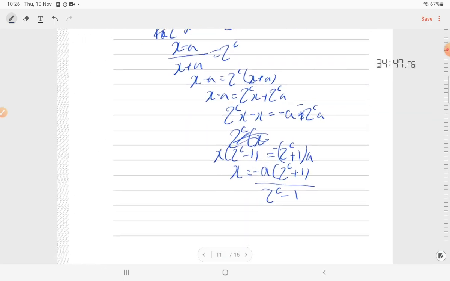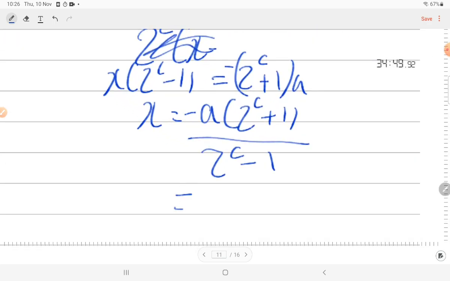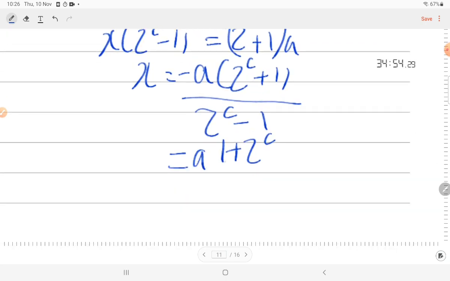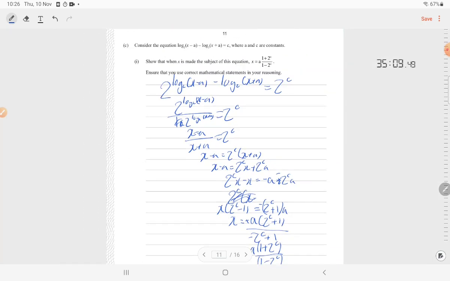Okay. Oh no, I'm fine. Plus 2 to power c a, brackets 1 plus 2 to power c over. So this turns this plus negative 1. Okay. I don't know.